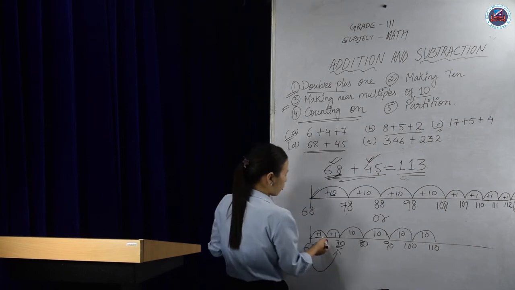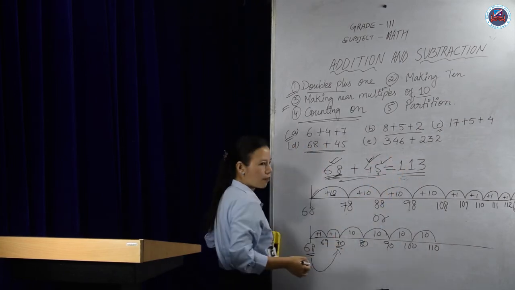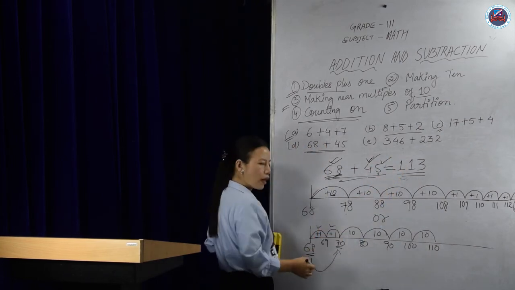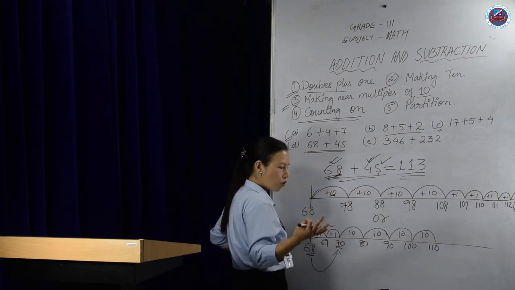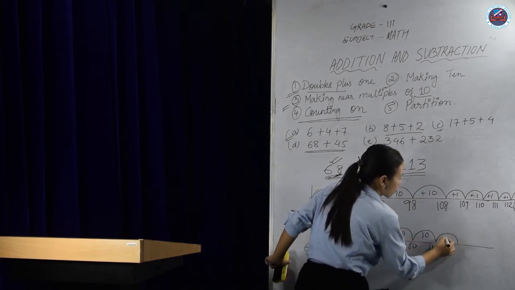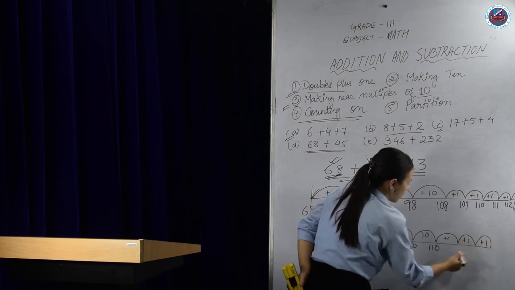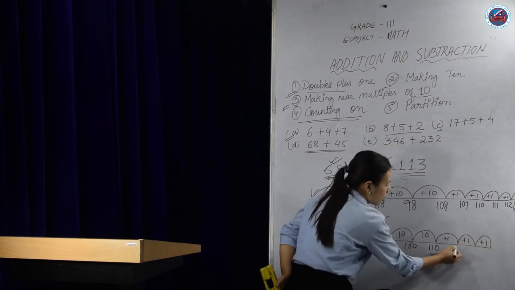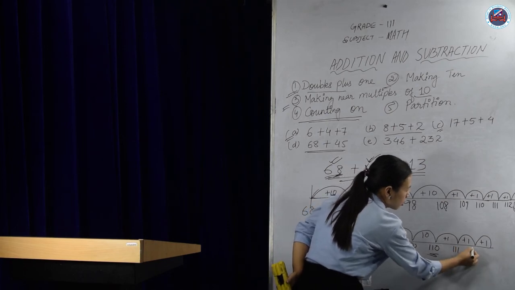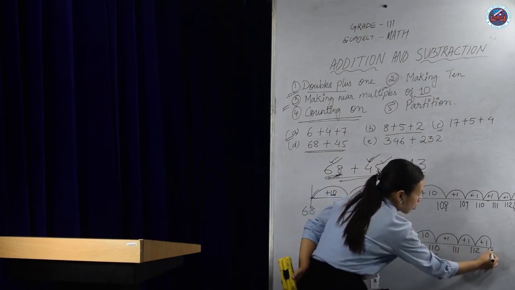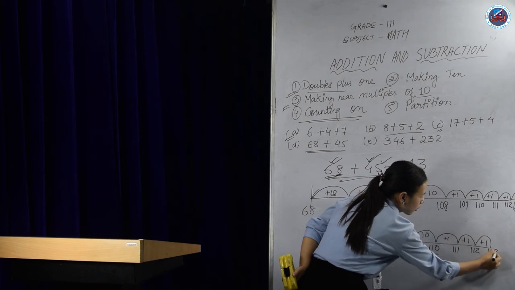And then what we have in the ones place is 5 ones. We have taken 2 ones, so the remaining is 3 more. So we're going to take 3 ones, 1, 2 and 3. So 110, 1 more is 111, 112, 113.